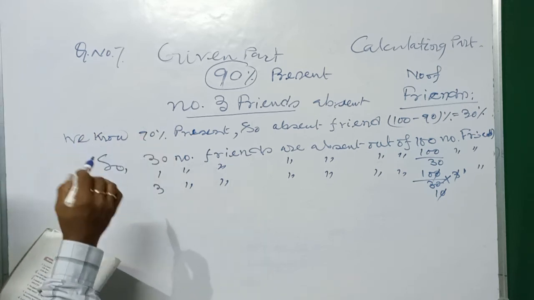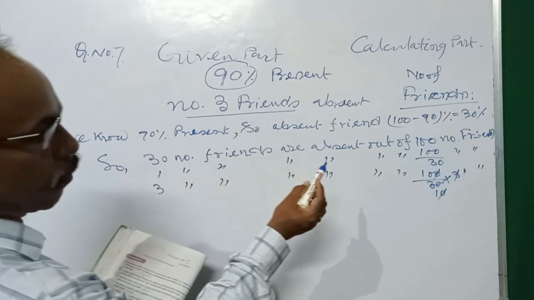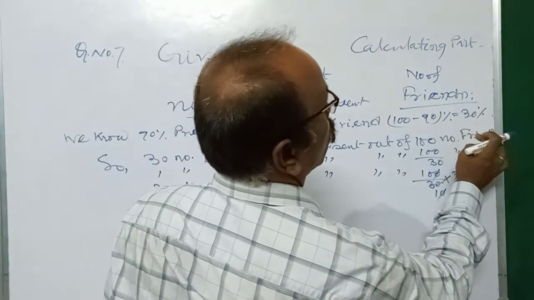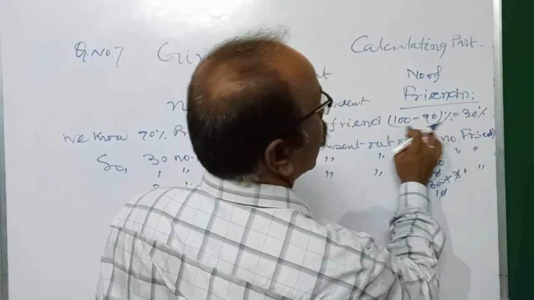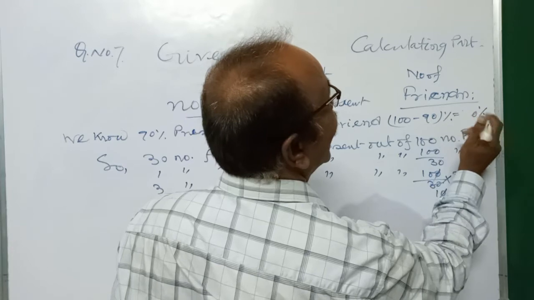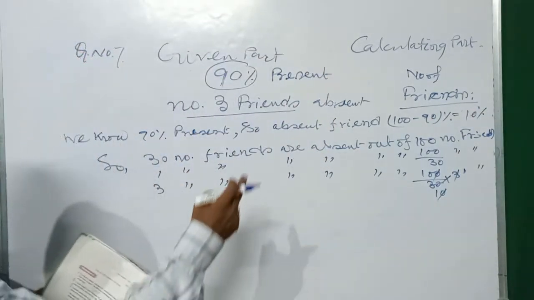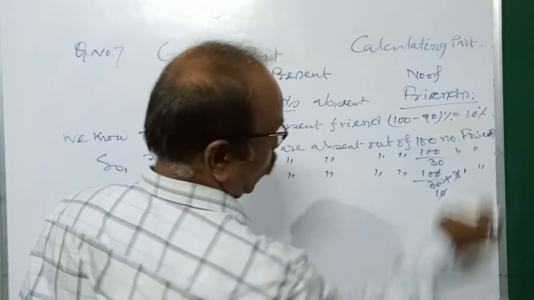You see, 90% is present, so absent will be 100 minus 90 is equal to, it is a mistake, my dear student. You see, 100 minus 90, it will be 10%. My dear student, I am very unhappy to tell this. It is 10%.